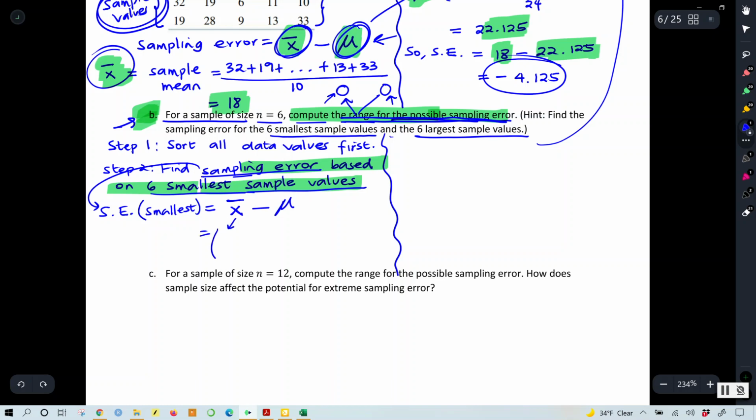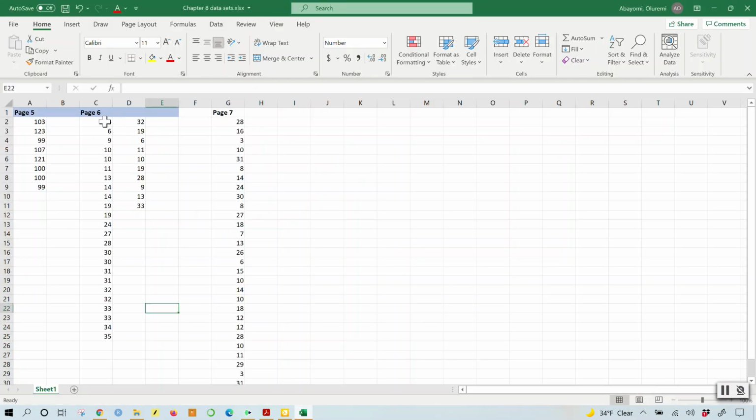How will I get the sample mean of the 6 smallest values? Excel will help me with that. I'll go back to Excel and choose the 6 smallest values. How do I know I've selected 6? If you look down here, you'll see a count, the number of selected cells that contain data. I've selected the 6 smallest values, and the average automatically is 8.667.